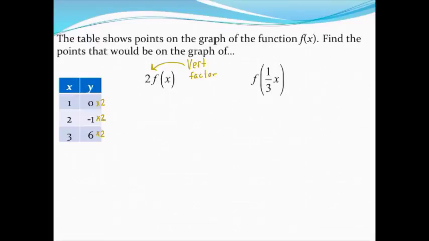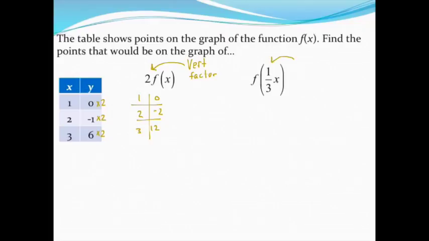So if I made my new table, I guess I'll just do it right here. My x values will remain unchanged, so 1, 2, and 3, but my y values have now been multiplied by 2. So 0 would stay 0, but then negative 2 and 12, and this would have the effect of stretching the graph 2 times as tall.